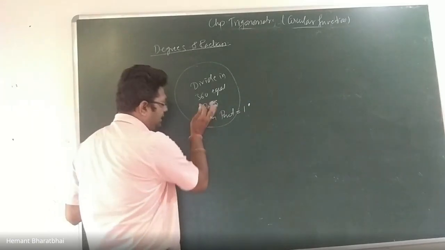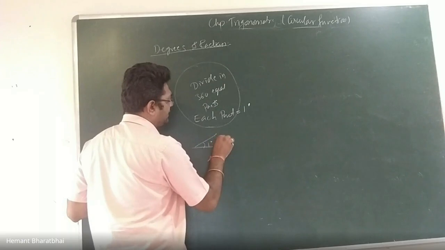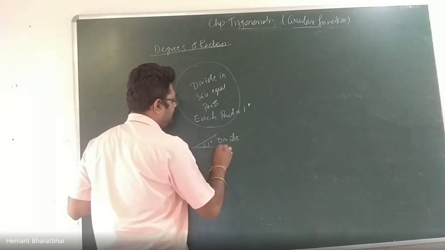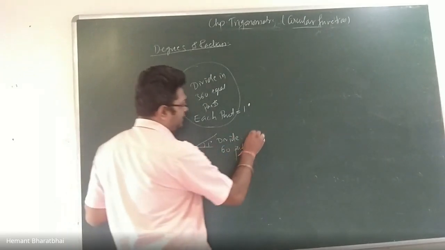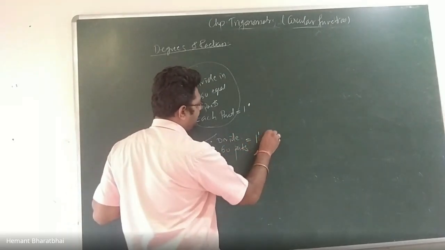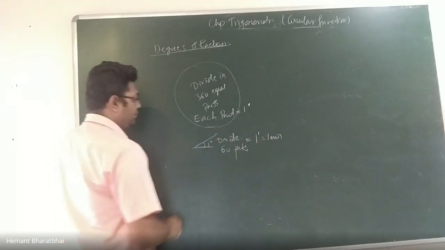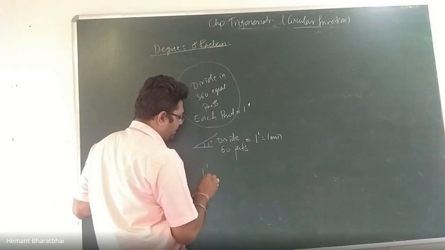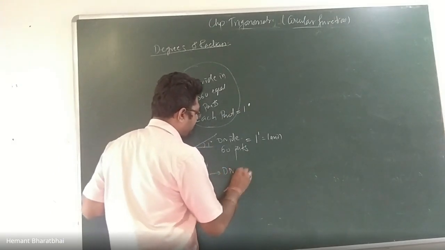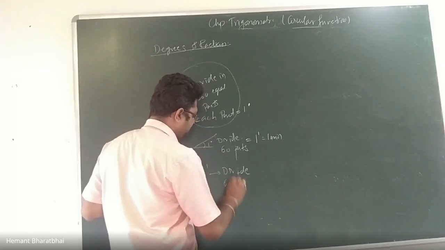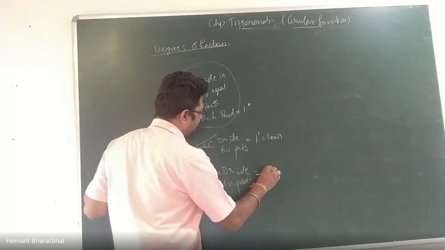Then I take 1 degree and divide it further into 60 parts. Each part is called 1 minute, denoted by 1 dash. Further, I can take 1 minute and divide it into 60 equal parts. Each equal part is called 1 second.